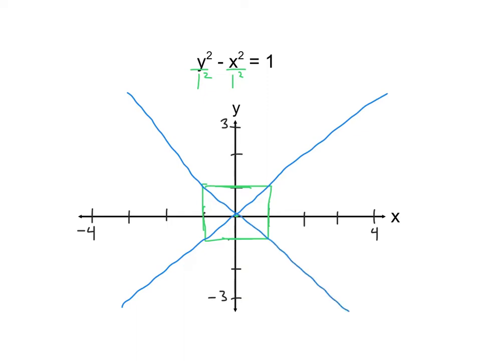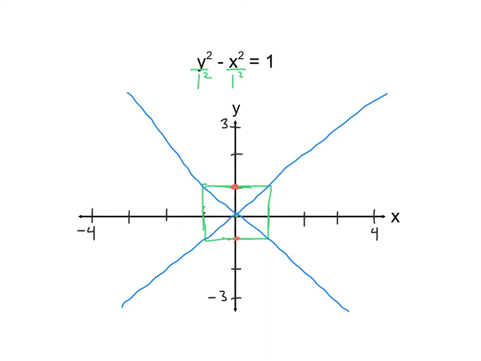The difference in this equation with y squared being in front versus x squared is the intercepts. In this case, if x was 0, then y would be either 1 or -1. Whereas if y was 0, negative x squared equals 1 would have no solutions.